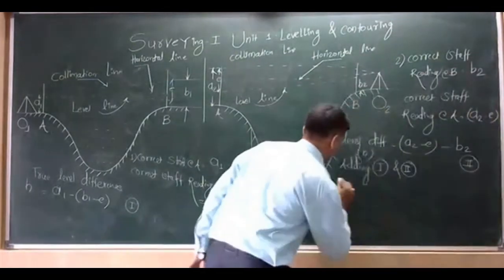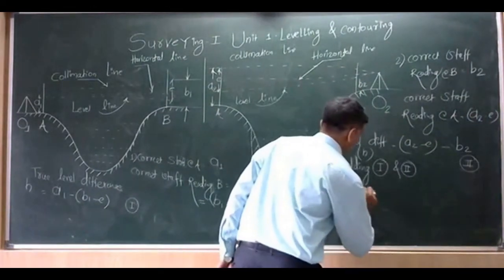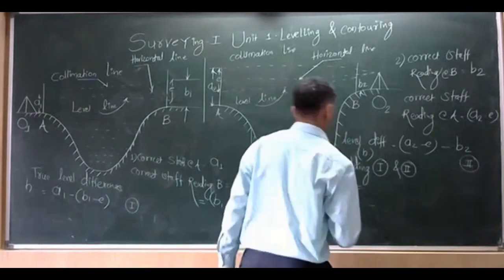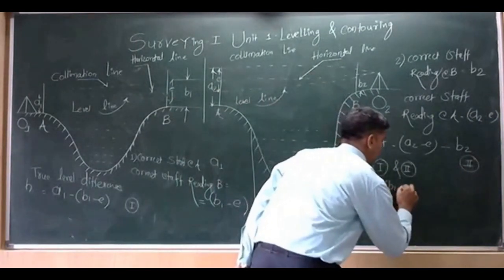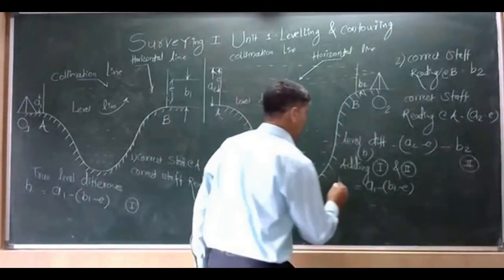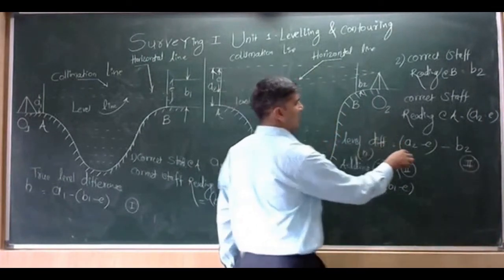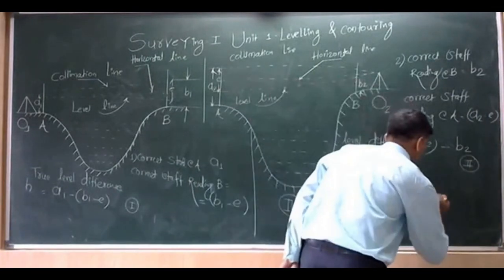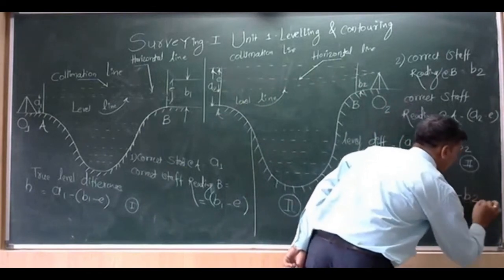First one is H is equal to A1 minus in bracket B1 minus E. This was the first equation. And the second equation will be H equal to A2 minus E minus B2.